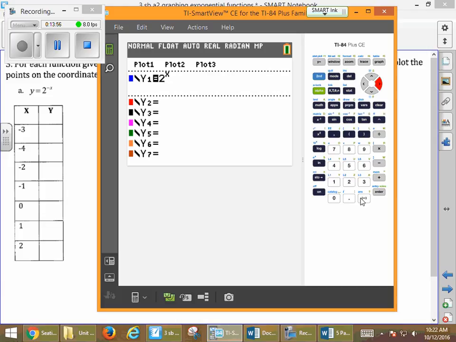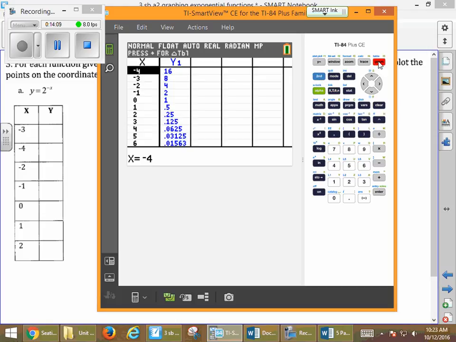Negative x. These will give me better values. Make sure that you've got negative x as well if you were just going right along with me. We'll go to second table now. And now we have much better values to work with.